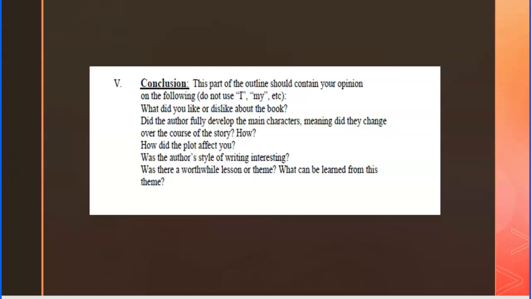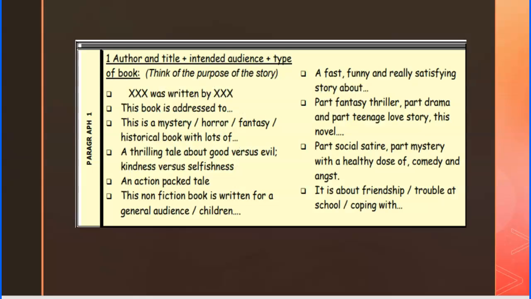All right, then in the next few slides, I have broken a document into some shorter slides. This will be all one document on Sycamore, but it's helpful critique language for you. So here is the beginning. Here are some phrases, words that I should see. Of course, the book was written by, you might want to use nonfiction, this nonfiction book, action-packed tale, a thrilling tale.